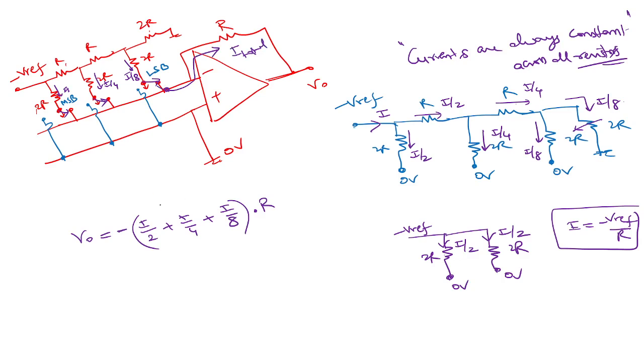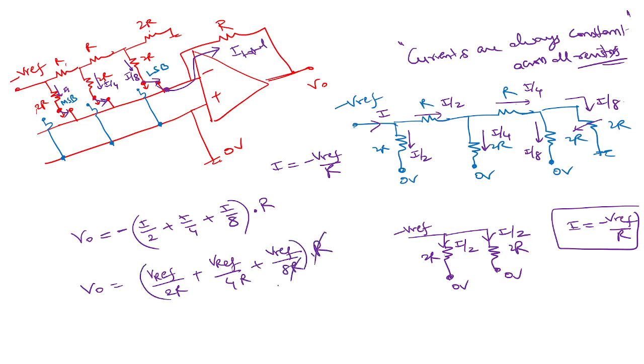So V0 is I total times R, and we already know what is I: minus V reference by R. So V0 is, if I put V reference by R here, this is V reference by 2R, minus minus goes, V reference by 4R plus V reference by 8R, into R.